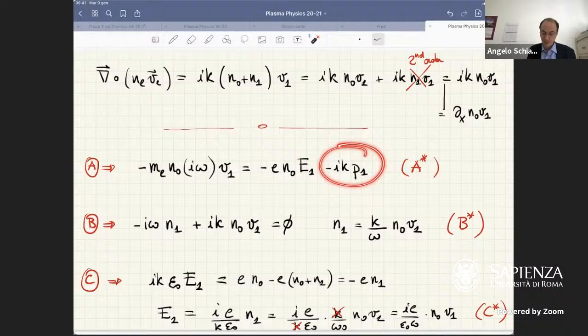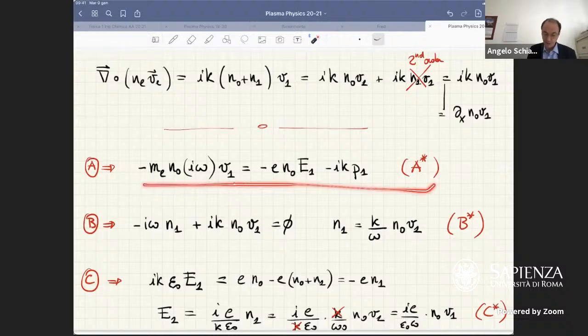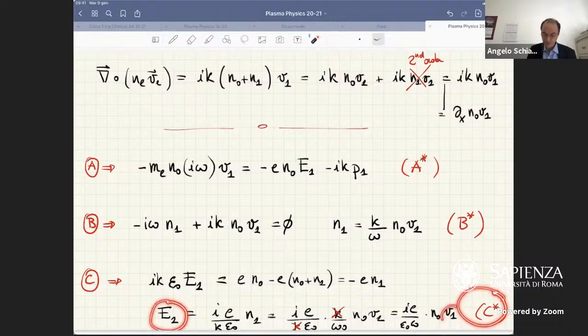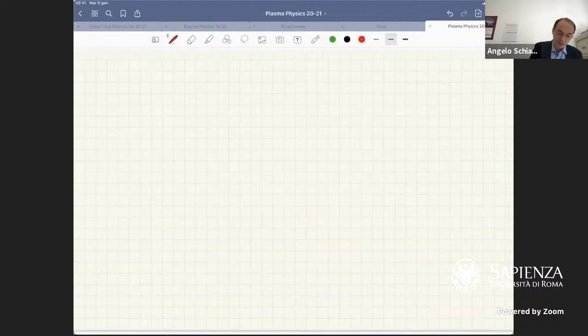Let's put everything inside this equation, substituting, for instance, C star, which gives us the electric field as a function of V1 and P1. So let's rewrite A star and see what terms we need.